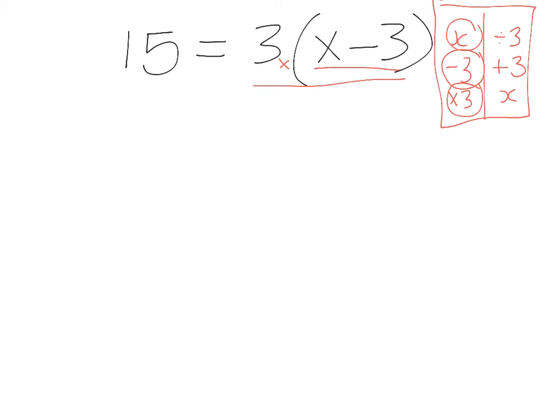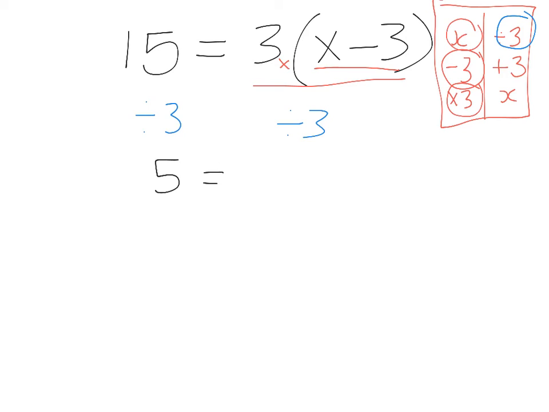Okay, here I go. So the first thing I have to do is divide by 3 on both sides. So I'm going to divide by 3, divide by 3. So 15 divided by 3 is of course 5, equals, we need to make sure our equal signs are underneath each other.